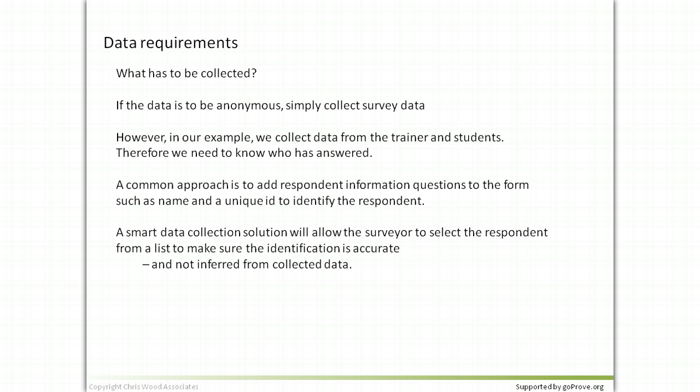A common approach to this problem within the survey form is to collect unique identifier information. However, a smart data collection solution will allow the surveyor to select the respondent from a list to make sure that the identification is correct and accurate. It doesn't rely on inferred data to make that link.